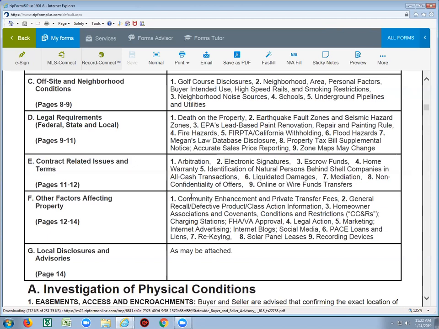Escrow fund, home warranty, identification of natural persons behind shell company in all cash transaction. What's that? Shell companies.